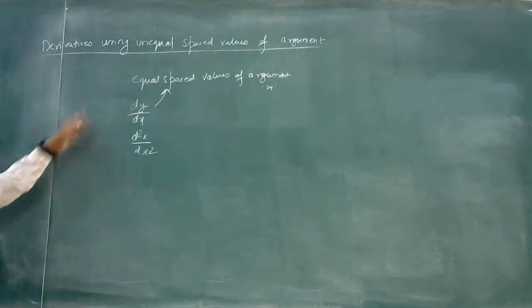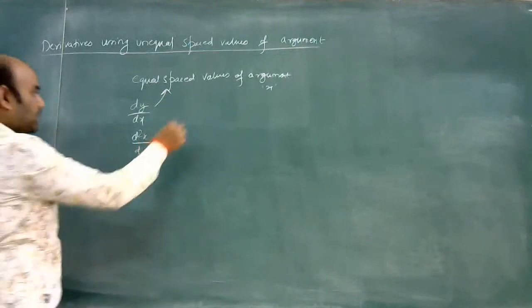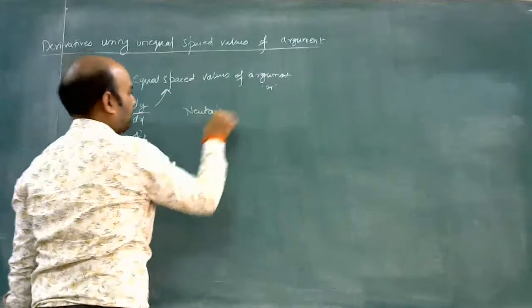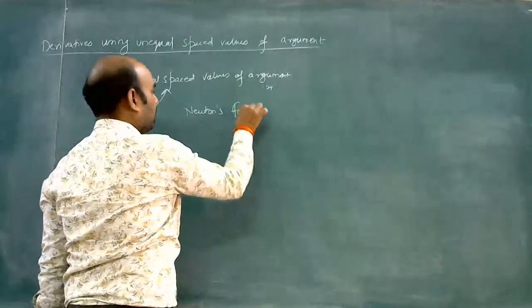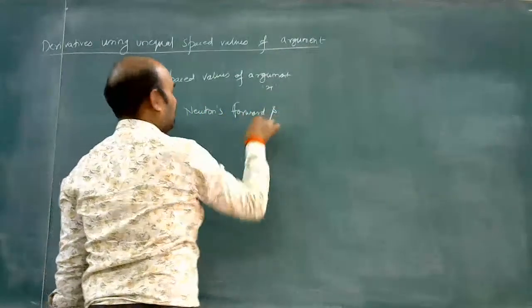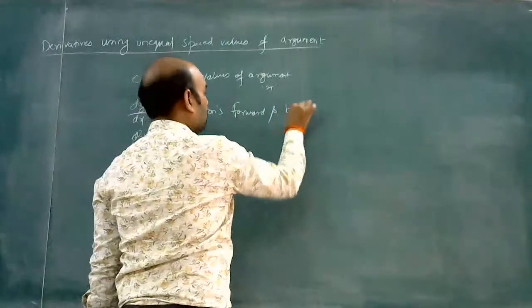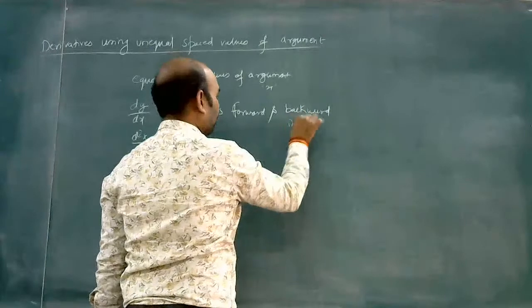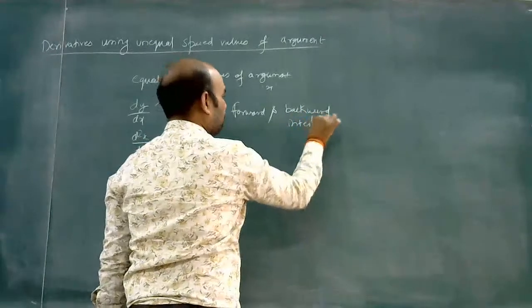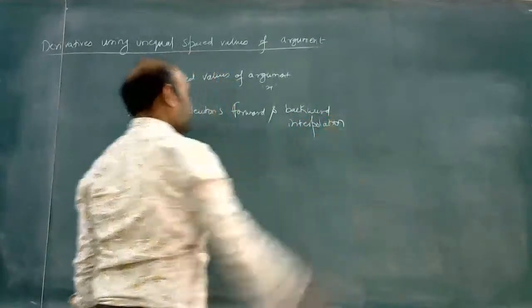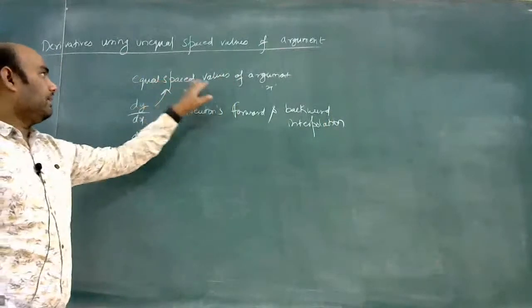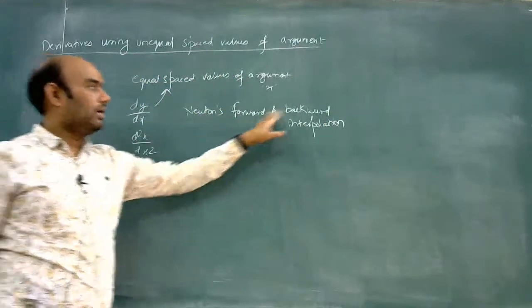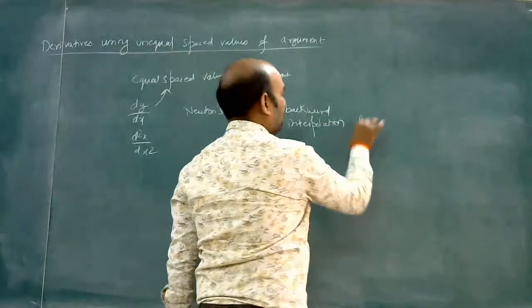In the last question we have seen that we generally use Newton's forward and backward interpolation formula when equally spaced values of argument are given.